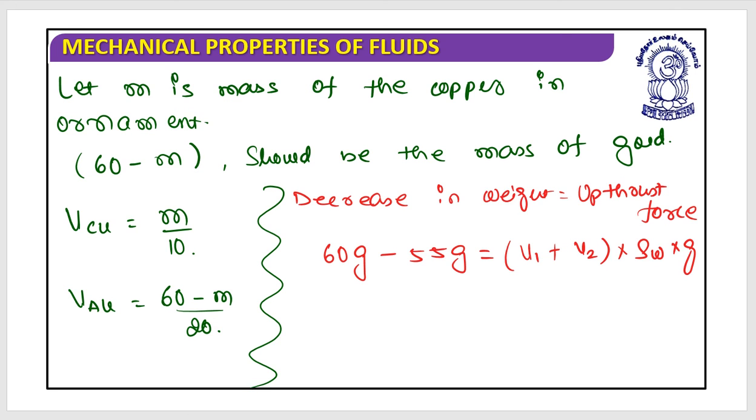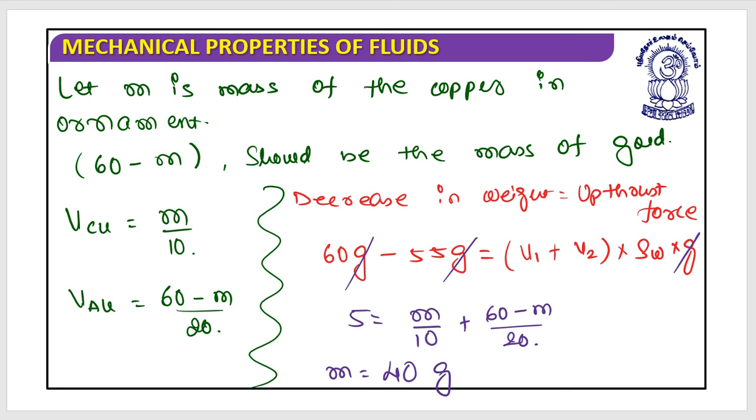In this case, g and g cancel, and 60 minus 55 is 5, which is equal to m by 10 plus 60 minus m by 20. If you solve this, the m that we receive is 40 grams.